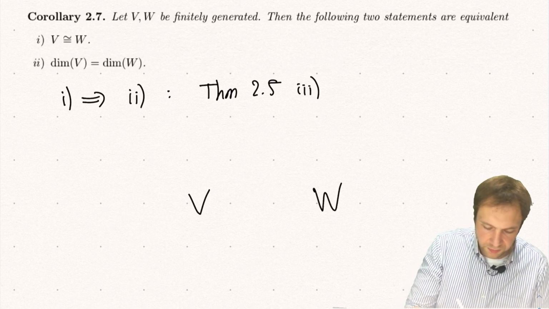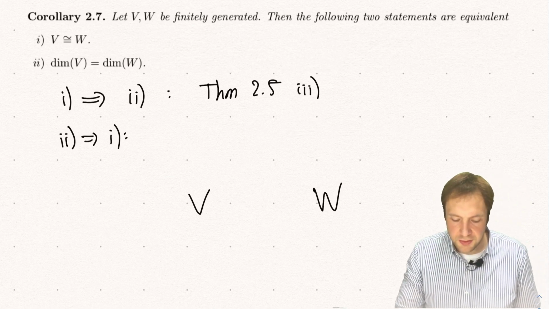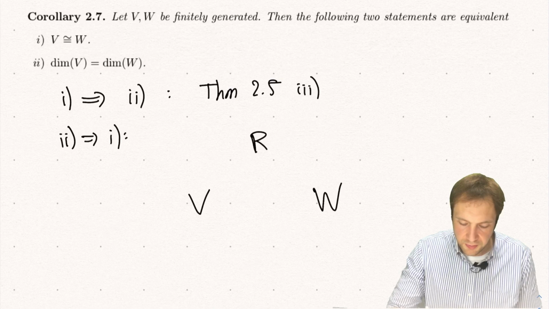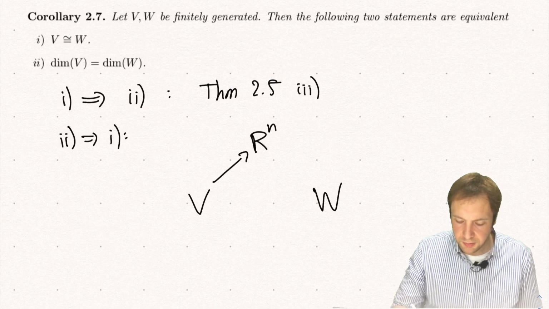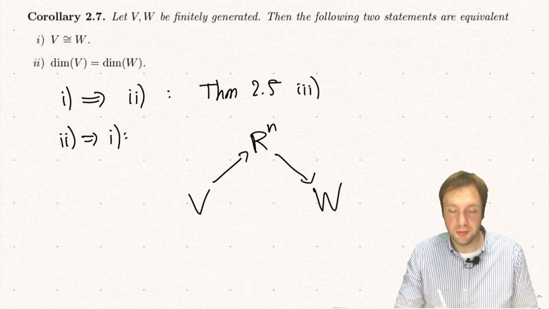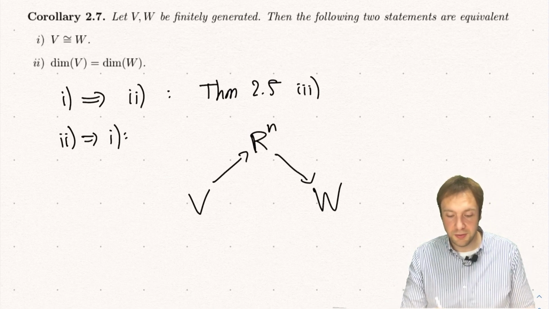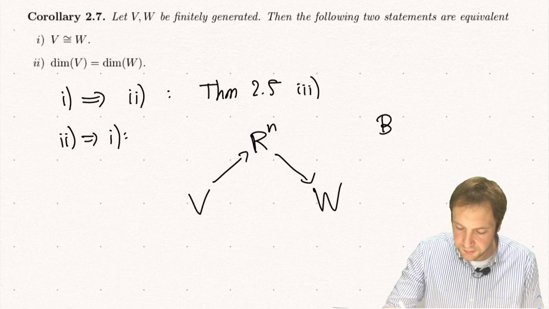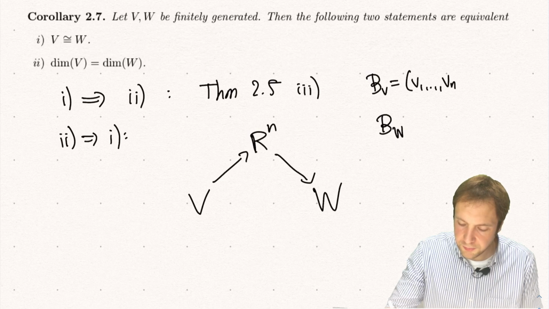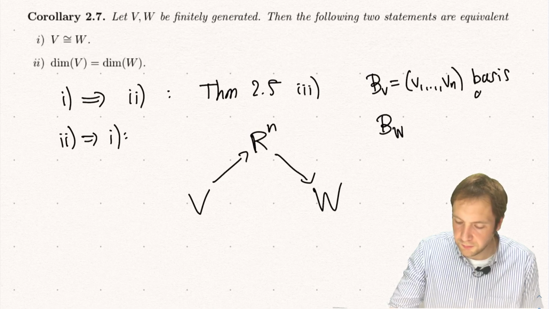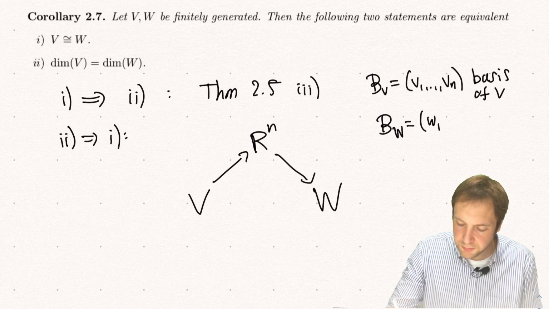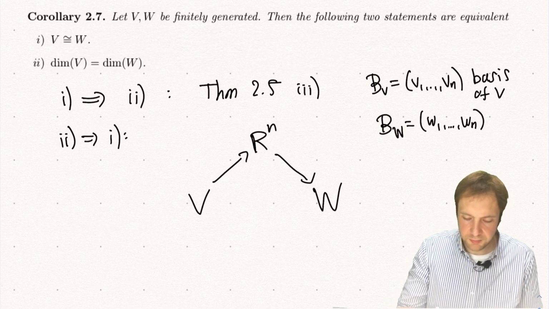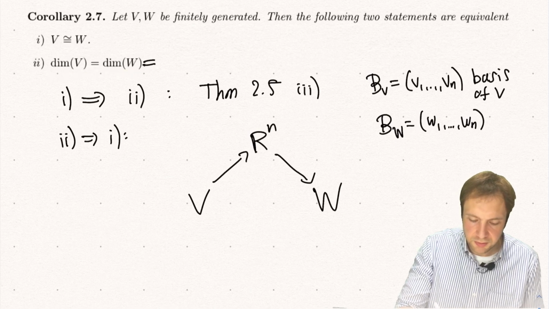then we saw, so now how do we go from 2 to 1? So if V has dimension n, then it's isomorphic to R^n, but also W is isomorphic to R^n because it has the same dimension as V. And here, if I have a basis of V and I have a basis of W, they both have n elements because they both have dimension n.